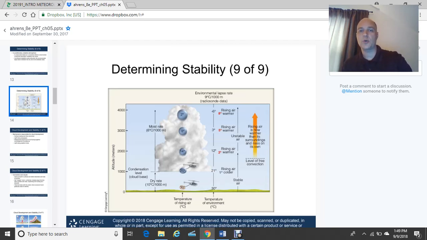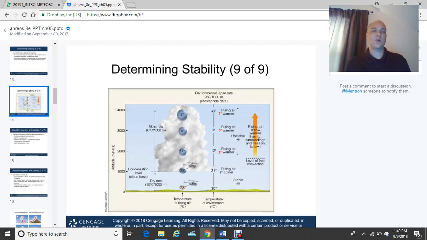So let's look at 1,000 meters and notice that the condensation level, that blue bubble there, is 20 degrees Celsius. Now look over directly horizontally to the right where the environmental temperature is at 21 degrees Celsius. So in this case, my air parcel, my blue bubble, is less than the environmental temperature.